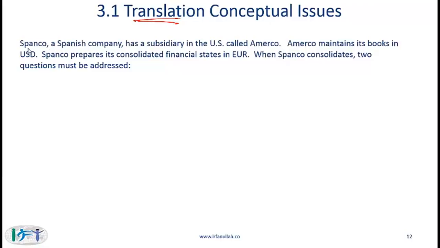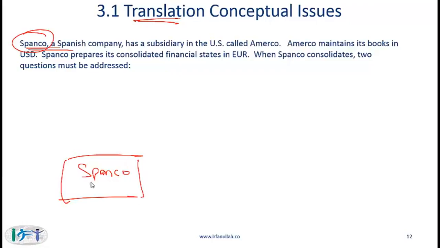We have a Spanish company called Spanco, and when I say we, I will often refer to us as this company. Our context will be that we are the parent company and we have subsidiaries in other countries. So for example, in this case, we are Spanco. This is the parent company based in Spain.